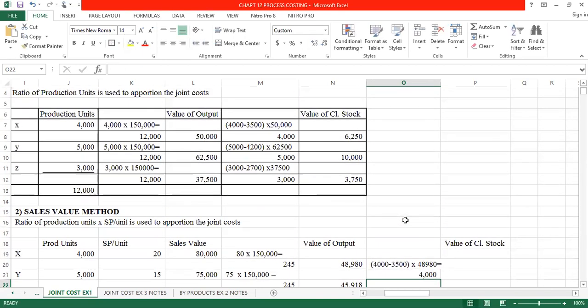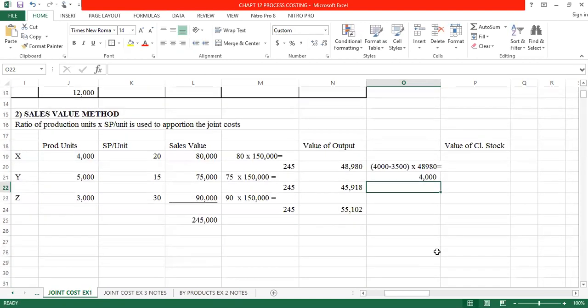This one is 5,000 minus 4,200 times 45,918. You get your answer. Divide by 5,000.